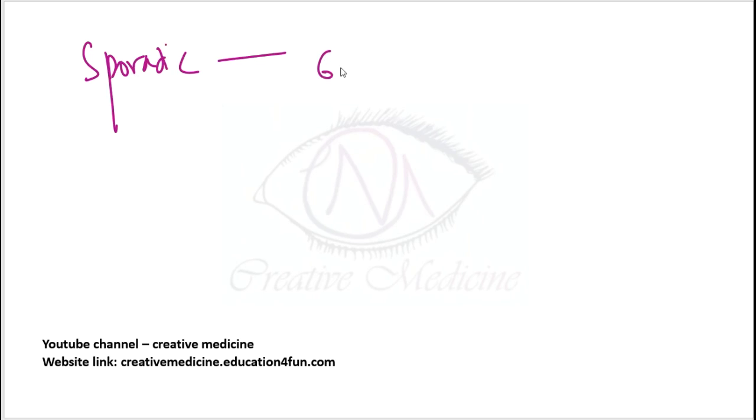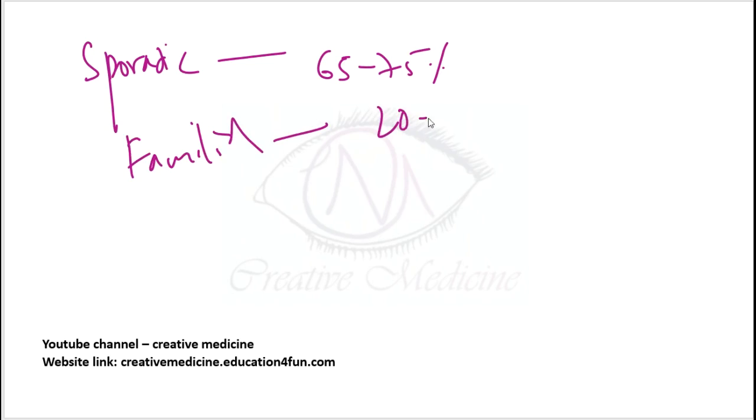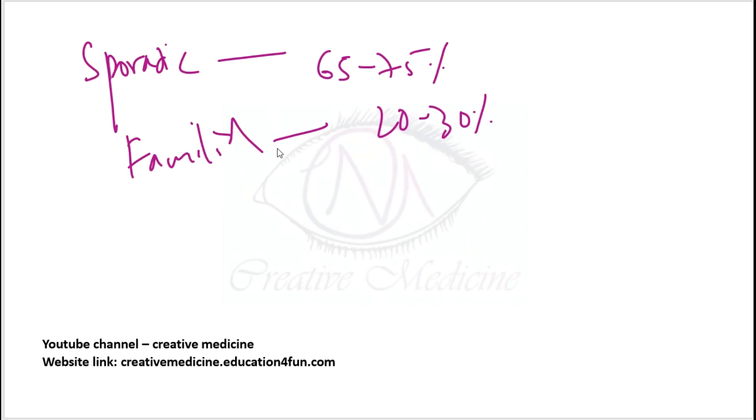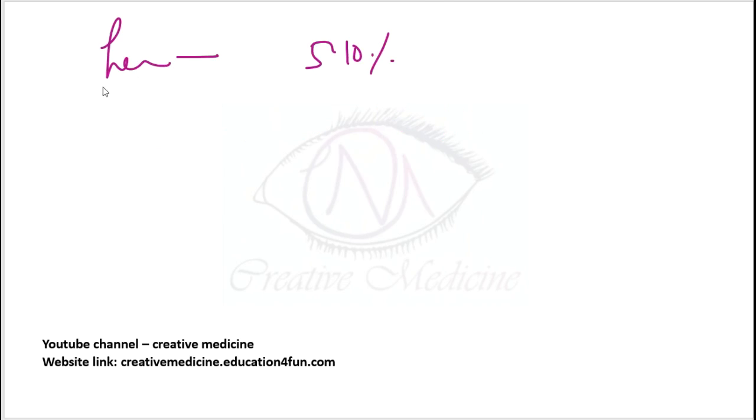Sporadic breast cancer is seen in around 65 to 75% of cases, and familial breast cancer is seen in 20 to 30% of cases. Then we have hereditary cancer, which is seen in 5 to 10% of cases. So maximum it is sporadic breast cancer, followed by familial breast cancer, then hereditary breast cancer.